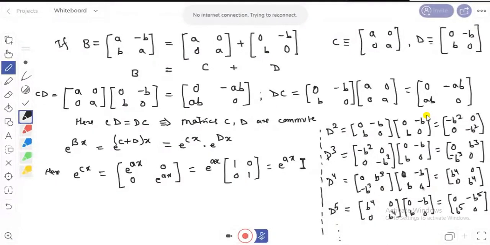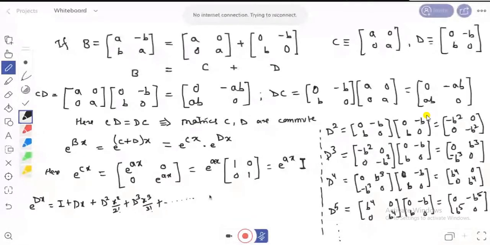Okay, so here we know what the exponential of this matrix e^(Dx) is. This equals basically the identity matrix plus Dx plus D square x square over factorial 2, D cube x cube over factorial 3 and so on.